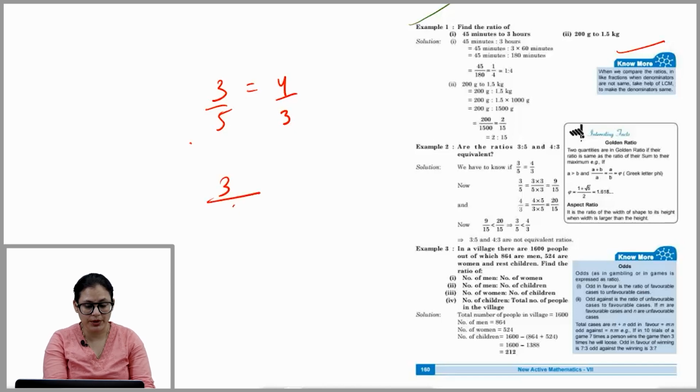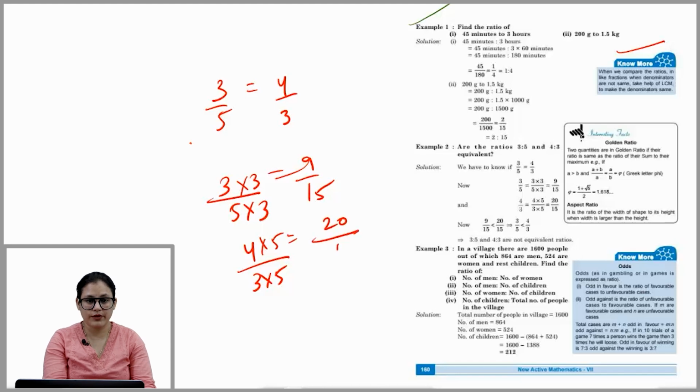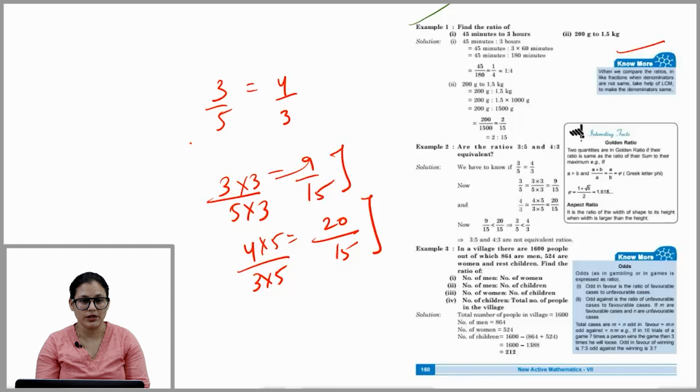We will make the denominator 15. We multiply 3/5 by 3 to get 9/15. Then 4/3, we multiply by 5 to get 20/15. These two are not equal, so these two ratios are also not equivalent.